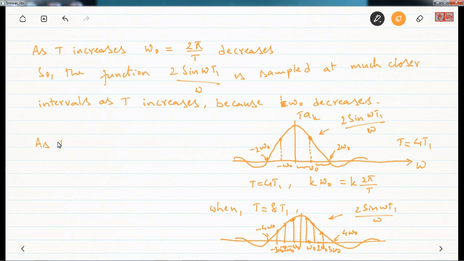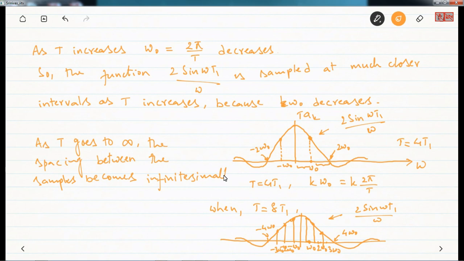So as t goes to infinity, the spacing between the samples becomes infinitesimally small. Right?